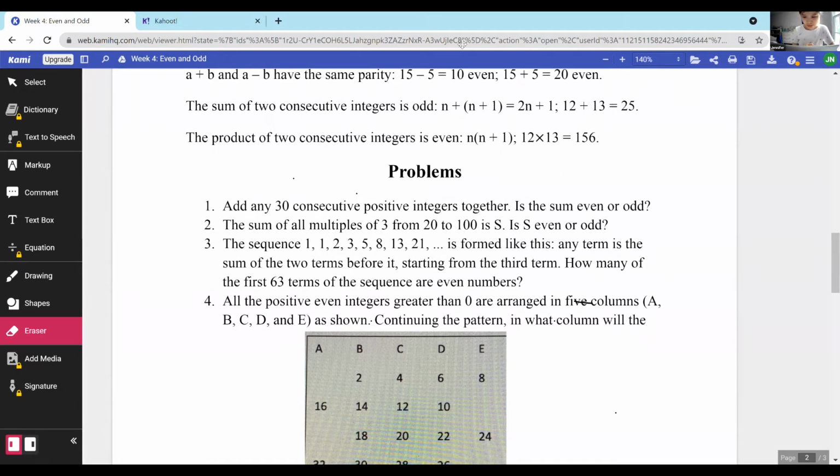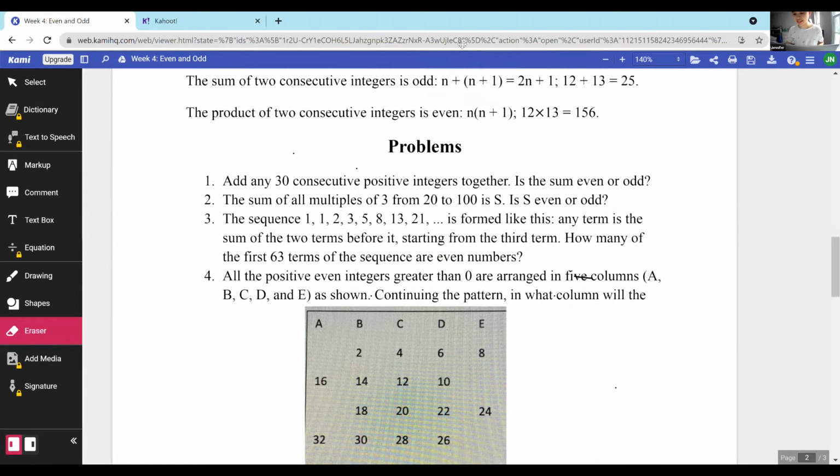While the product of two consecutive integers is even, since it must be even times odd, which has an even factor, like 12 times 13. If you try multiplying it out by hand, you get 156.